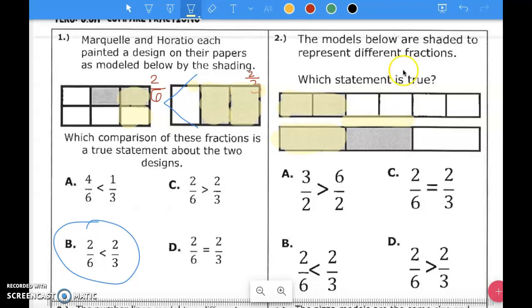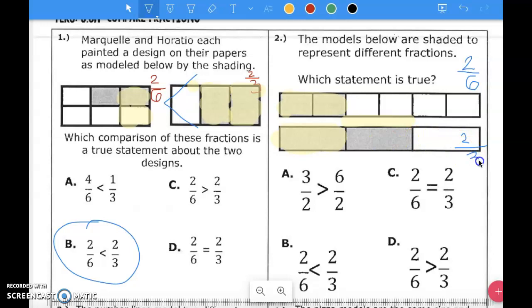So before I even read my answer choices, I have 2 out of 1, 2, 3, 4, 5, 6. And 2 are shaded. And 2 out of 1, 2, 3.